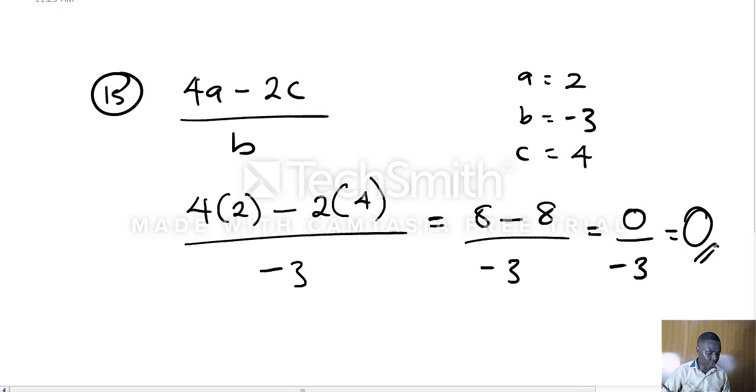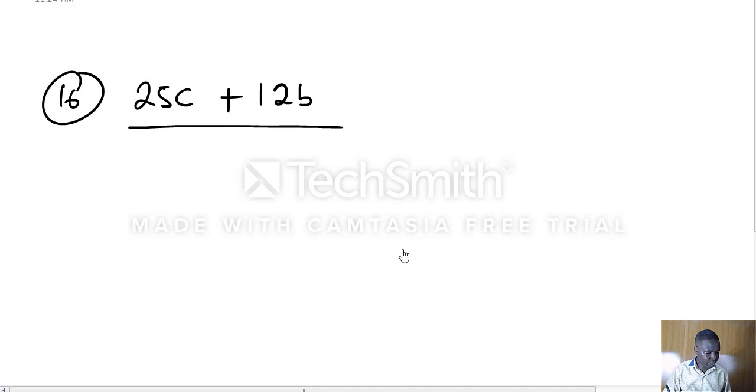Question 16. Question 16 says 25C plus 12B divided by bracket AC squared, where A is given as 2, B is minus 3, C is 4.